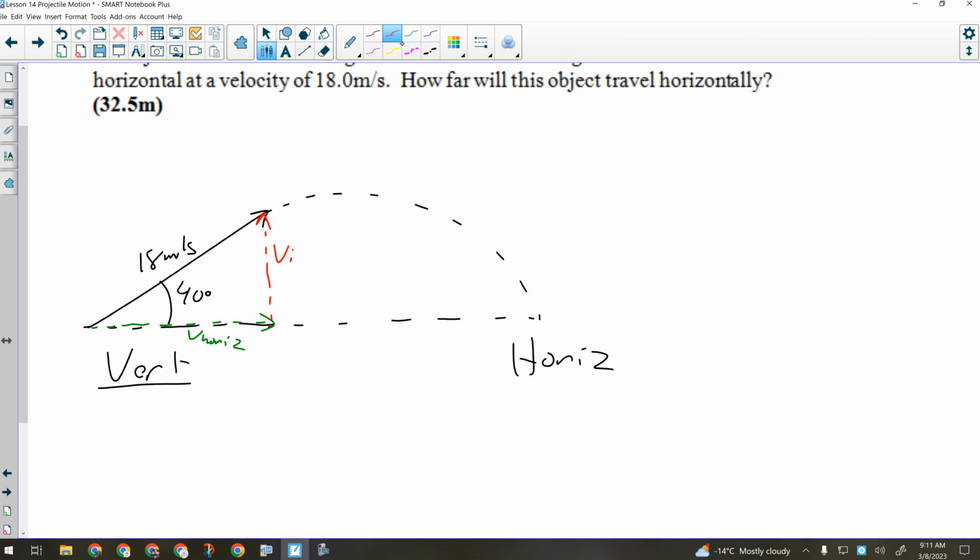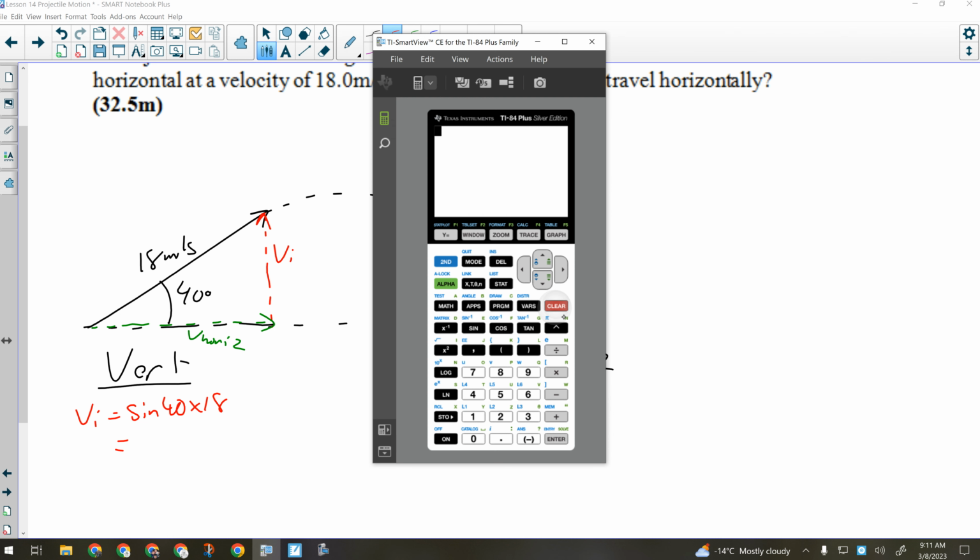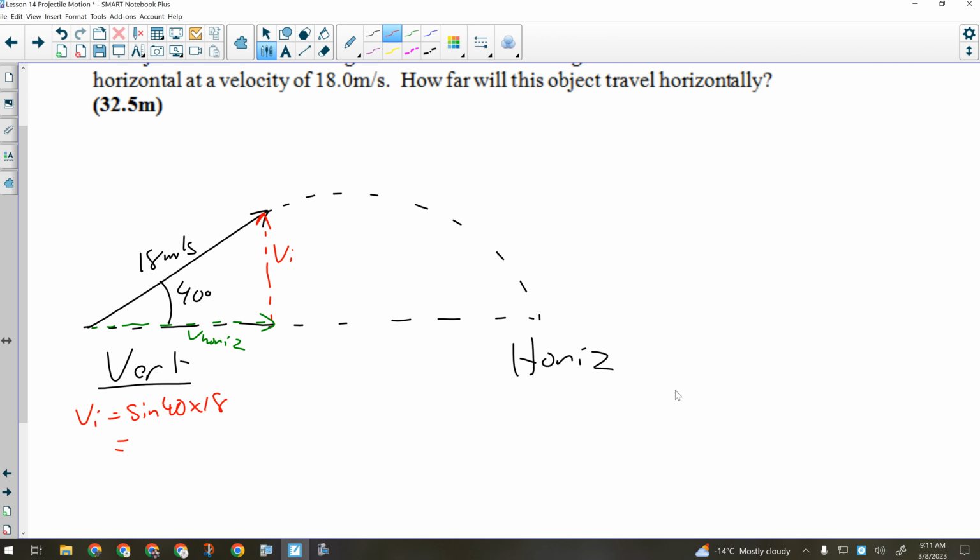Okay, so to get VI, we're going to go sine of 40 times 18 because it's the opposite side. Okay, so it's 11.57 meters per second, and it's up.